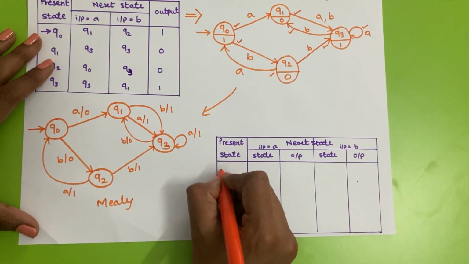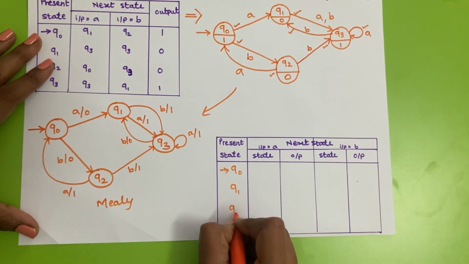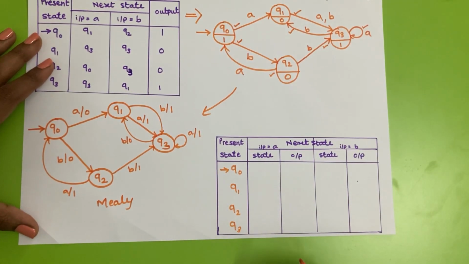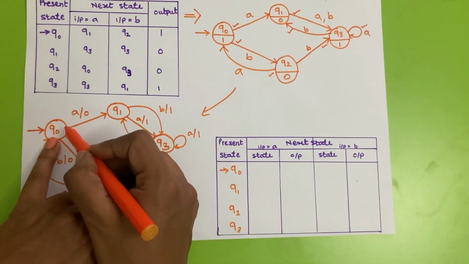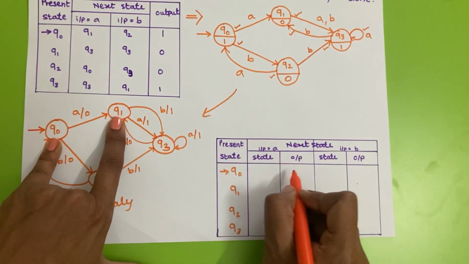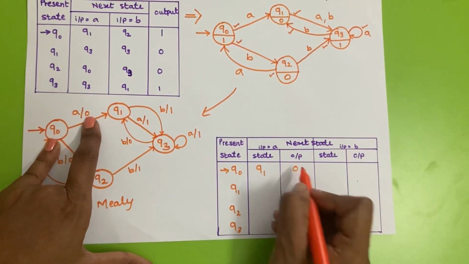So here Q0, Q1, Q2 and Q3. Q0 on A going to state Q1, so here I will write Q1 and A will be replaced by 0.